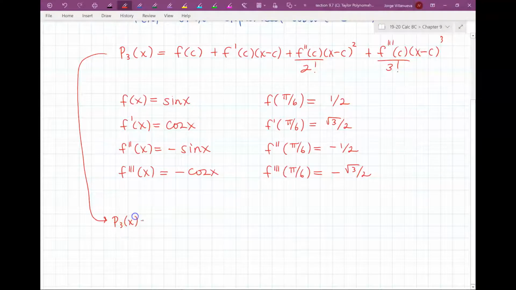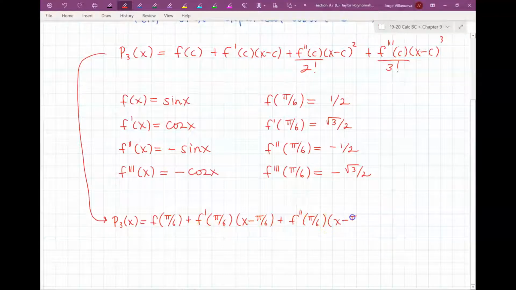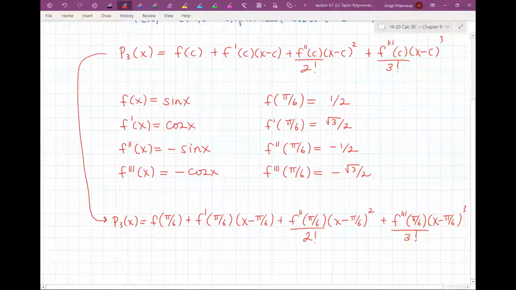So p sub 3 of x will be f of pi over 6 plus f prime of pi over 6 times x minus pi over 6, plus f double prime of pi over 6 times x minus pi over 6 squared divided by 2 factorial, plus f triple prime of pi over 6 times x minus pi over 6 to the third over 3 factorial. That's basically what I'm doing in this problem. I just have to plug everything in. So let's go ahead and do that.